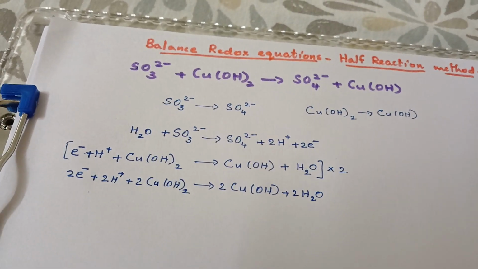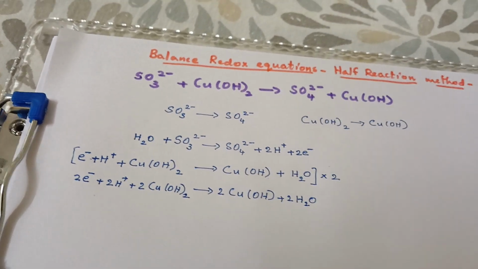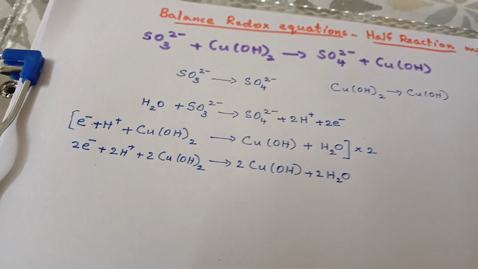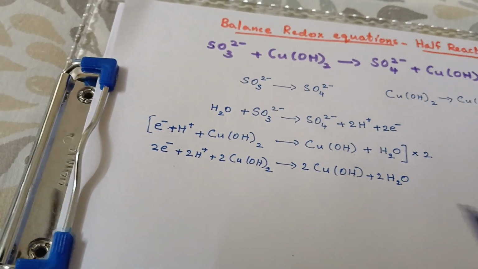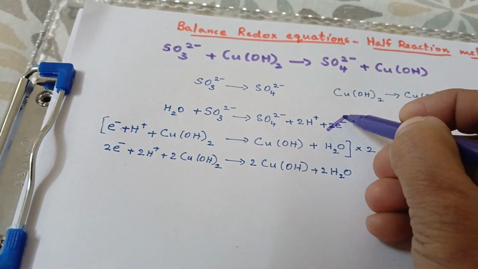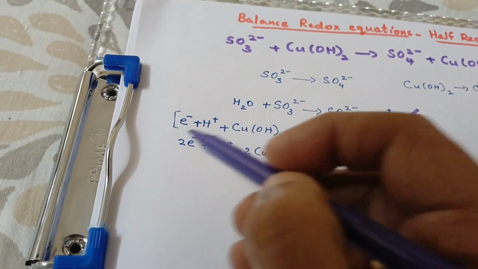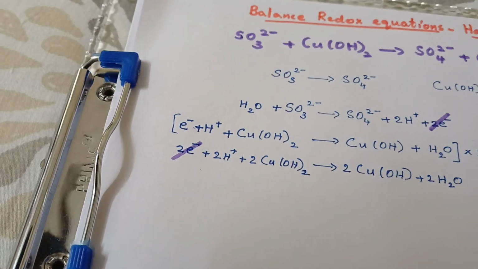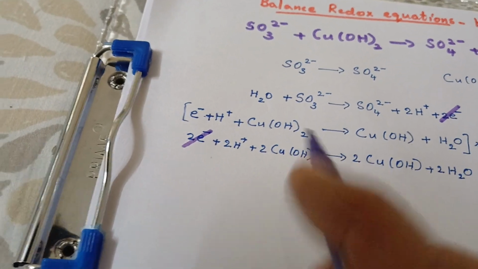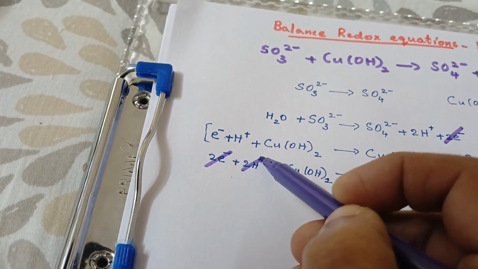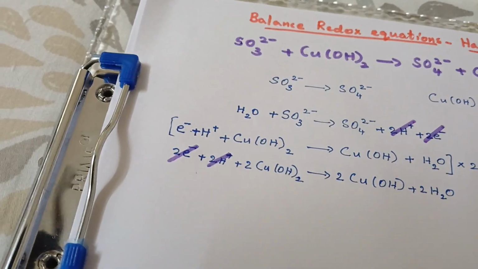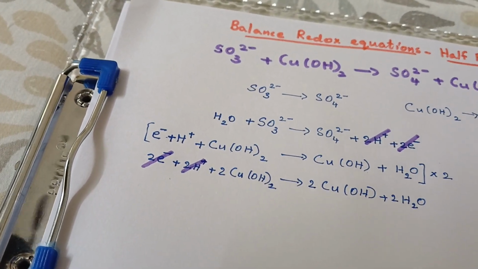Now, before adding the two equations, we can cancel out the ones which are common. That is 2 electrons on the right hand side, 2 electrons on the left hand side. 2H plus ions on the left, 2H plus on the right. Anything else?